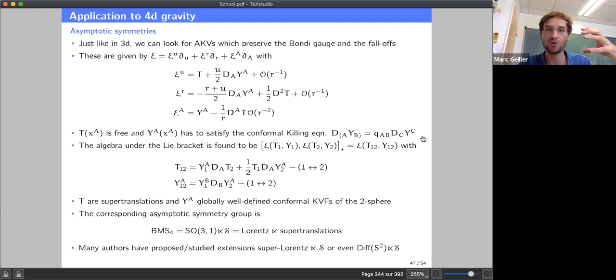There are essentially ways to consider a more general family of metrics in Bondi gauge, generalizations of the historical Bondi gauge which we presented here, in such a way that the group of asymptotic symmetries also has an enhancement of this Lorentz component. This enhancement can be arbitrary angle-dependent Lorentz transformations, so super Lorentz, or even all the diffeomorphisms of the celestial 2-sphere.